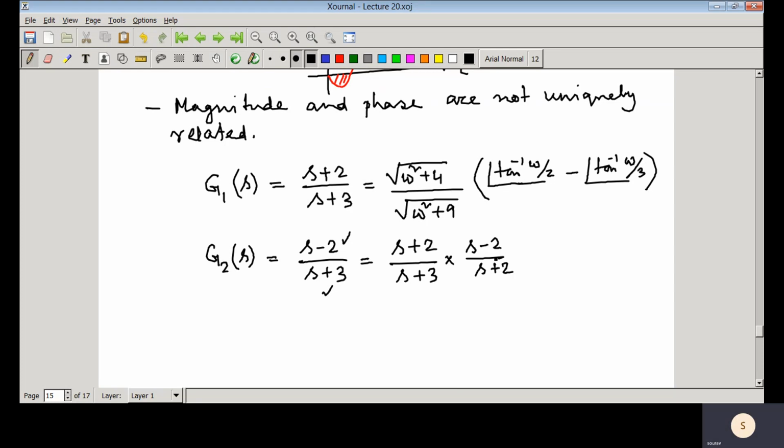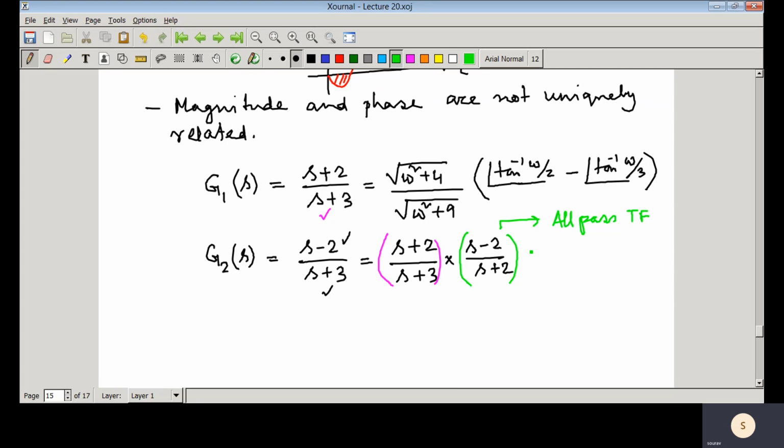So this particular transfer function can be written like this, and you can see that this term is nothing but this term, but we have one extra term, that is (s minus 2) by (s plus 2), and this factor is called the all-pass factor. All-pass transfer function means its magnitude is 1 all through the frequency.